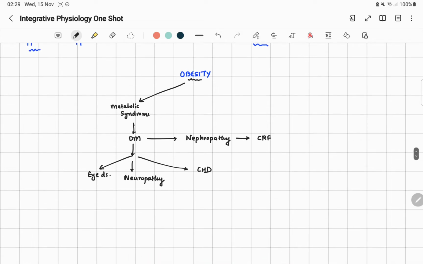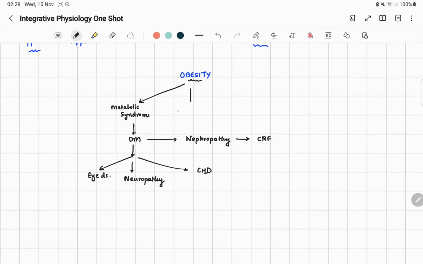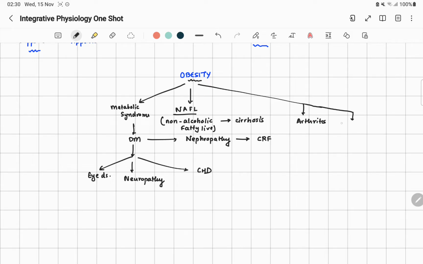Obesity will also cause non-alcoholic fatty liver, which will lead to liver cirrhosis. Obesity will also cause arthritis and sleep apnea. Many health hazards are there, then arteriosclerosis, atherosclerosis, many are there.